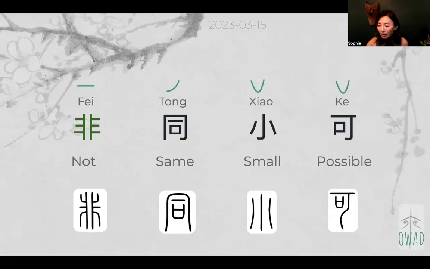A lot of Chinese characters do come from representations of our physical world, but here I still like to think logically, because small and big are really relative. It's always smaller than something or bigger than something. When we say small and big, we already have a benchmark as context.